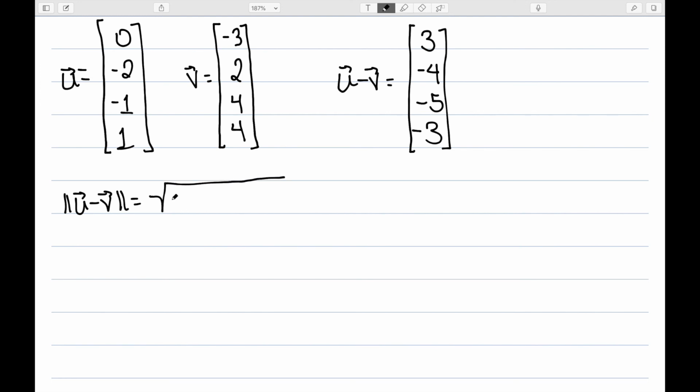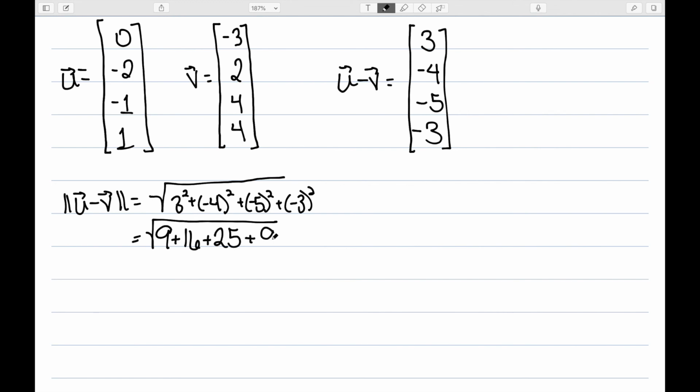That's the square root of 3 squared plus negative 4 squared plus negative 5 squared plus negative 3 squared. This would be the square root of 9 plus 16 plus 25 plus 9, or the square root of 59. So the distance between u and v is the square root of 59.